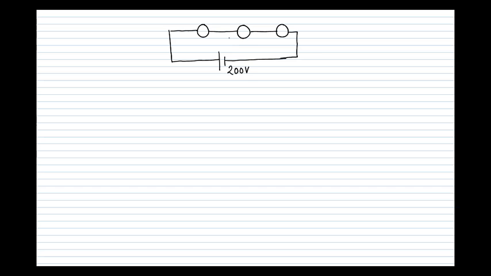So this is our bulb 1, bulb 2 and bulb 3. So these 3 are electric bulbs. This is a circuit which is given to you. 3 bulbs are connected in series and then they are connected to a voltage source of 200 volt. And what is given to you? For bulb 1, V is equal to 200 volts and the power P is equal to 50 watt.